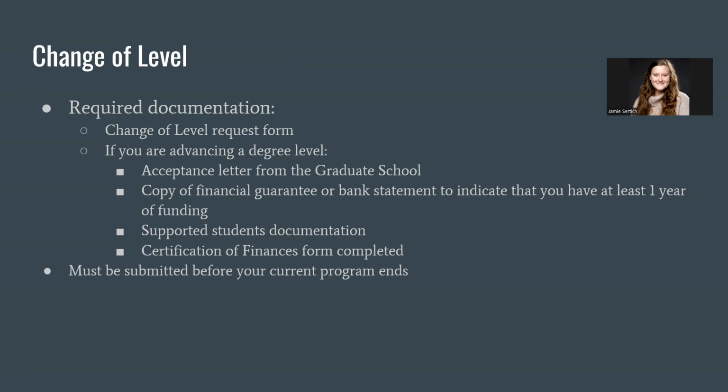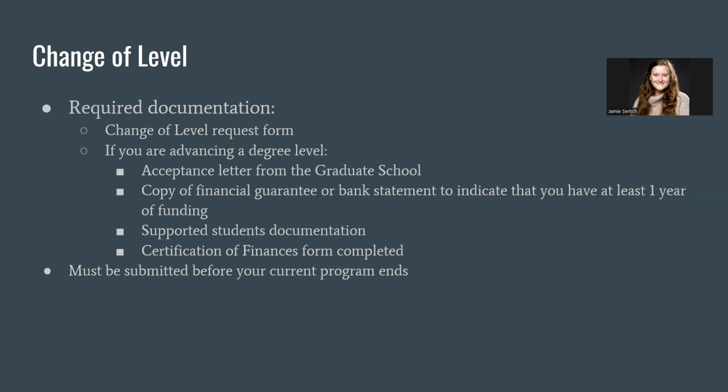You will also need to include your financials, which is a copy of a financial guarantee or a bank statement to indicate that you have had at least 1 year of funding to cover the expenses that will be printed on your documentation. If you are a supported student and you are receiving tuition and a stipend from your academic department, you can just attach your letter from your academic department with this information for anything that asks about your financials.